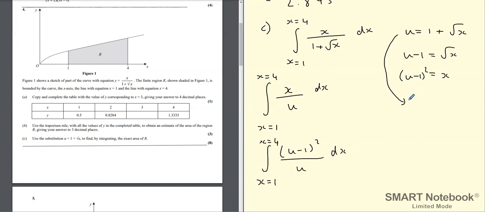So if I now differentiate, I get du over dx. When I differentiate 1, that disappears. When I differentiate x to the power of a half, I'm going to get a half times by x to the power of minus a half, which is 1 over 2 root x.